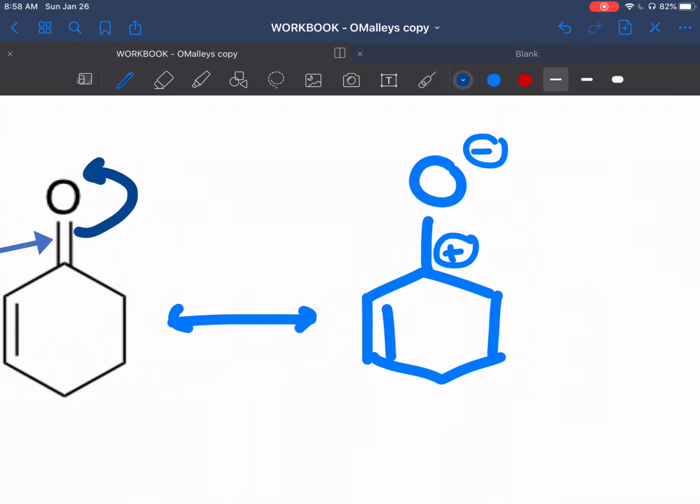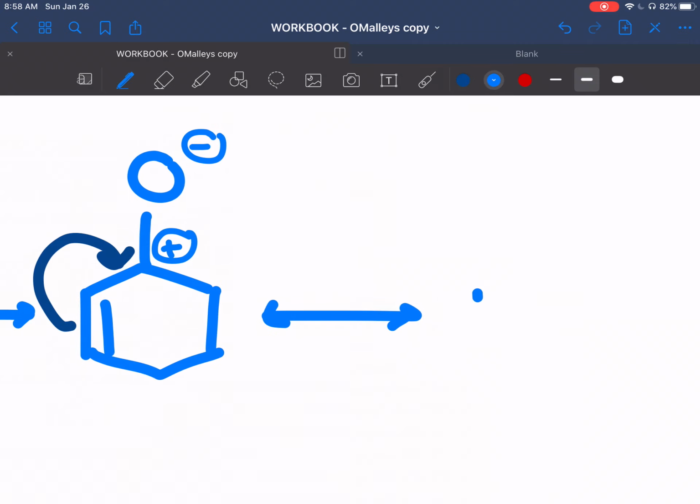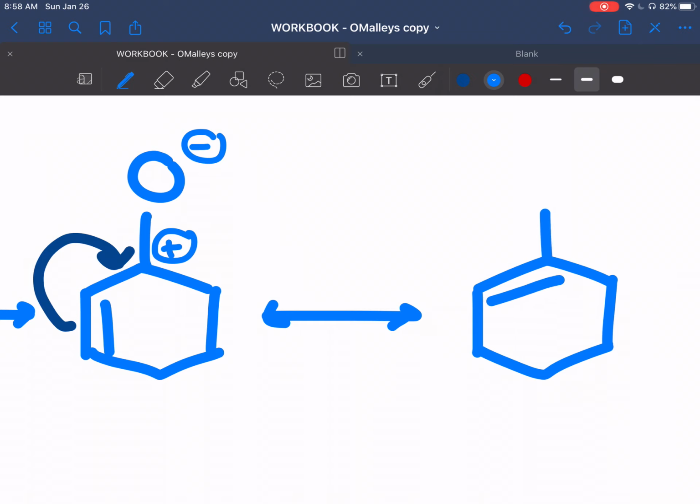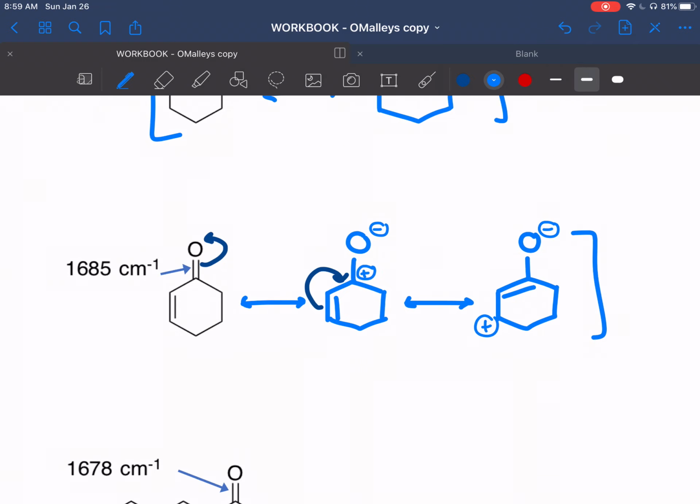However, in this example, there is another resonance contributor we can get by using this pi bond on the left. I still have charge separation, but now the positive charge is on this carbon in the lower left, as opposed to what used to be the carbonyl carbon.